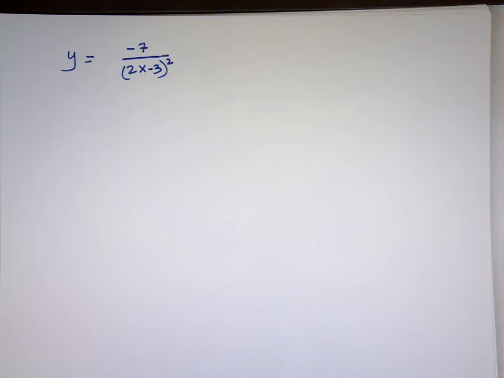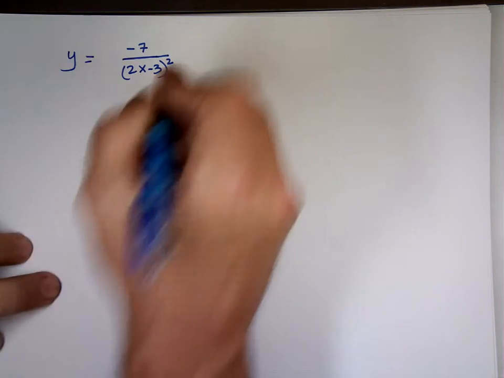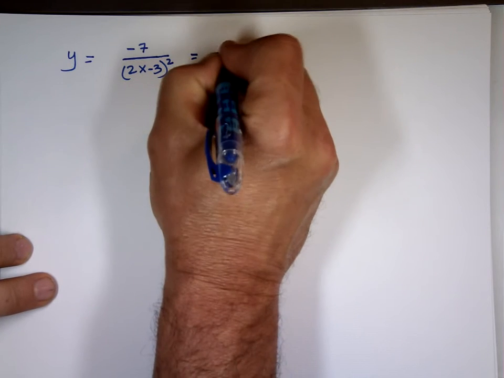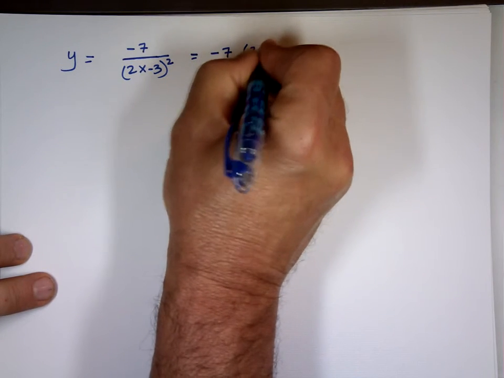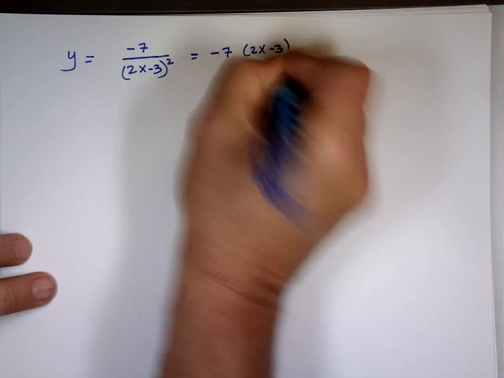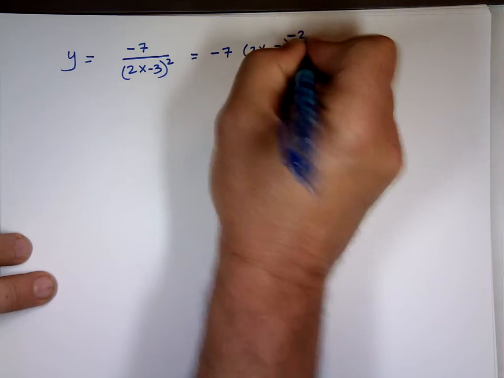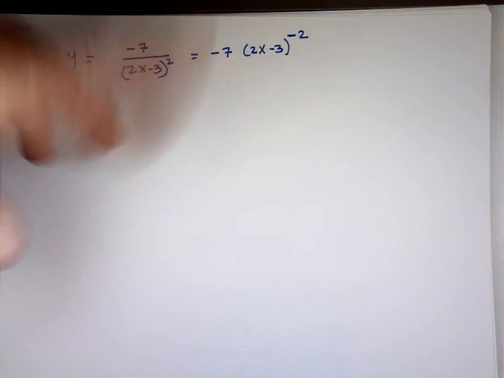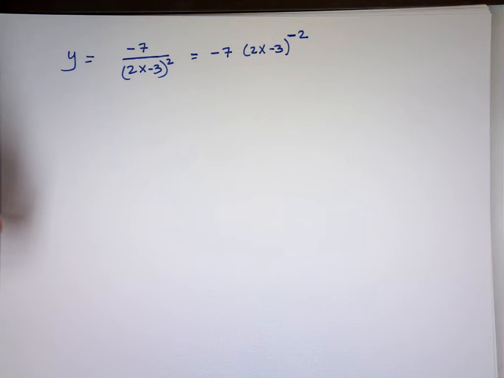Sure I can. Do I want to use it? Not really. No. It's going to take a whole page. I can write this negative 7, 2x minus 3 to what power? Negative 2. The power is different than 1. Chain rule is a flag. Maybe I should be using that.